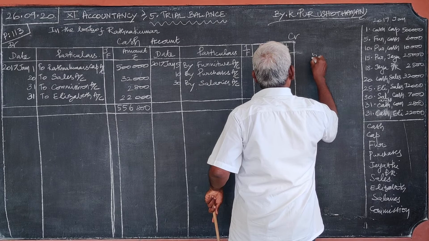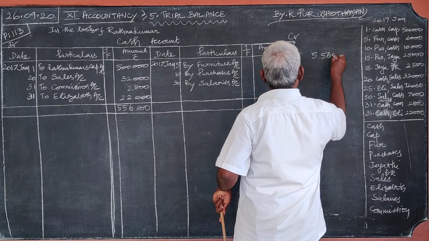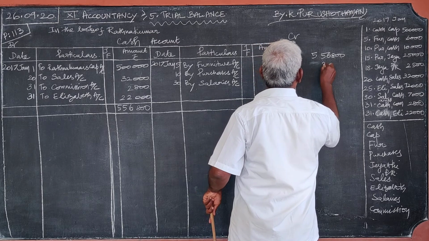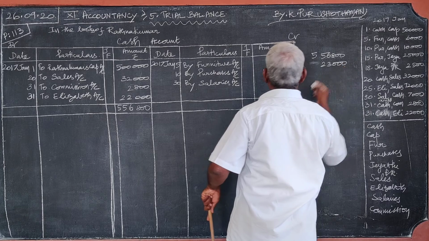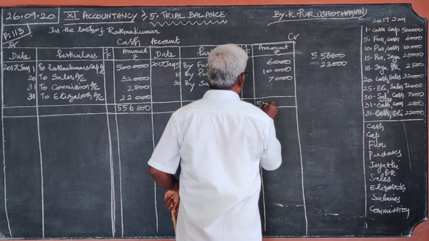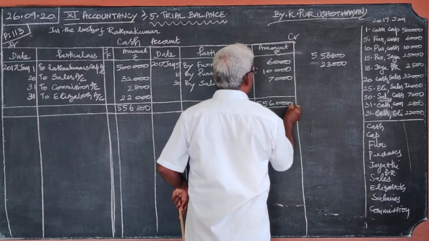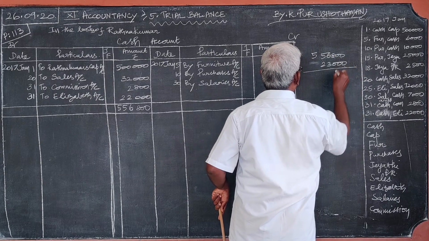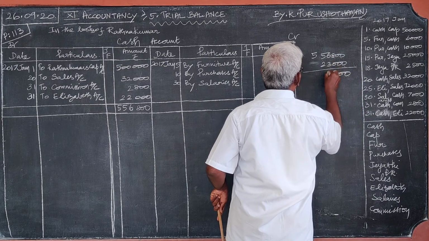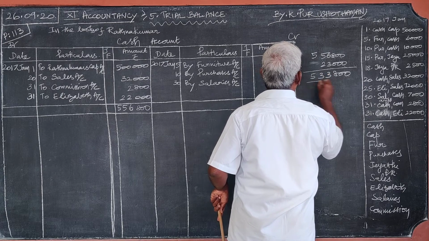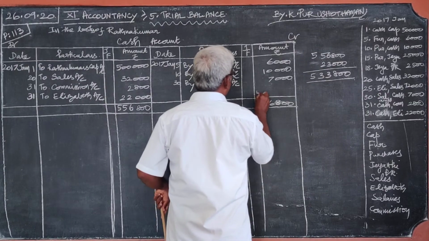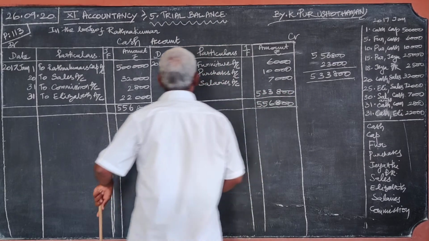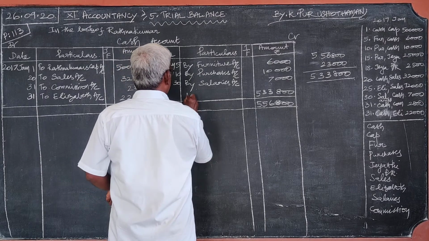So debit side total 5 lakhs 56,800. Credit side total 23,000 only. So you write the greater total on both sides, 5 lakhs 56,800, and the balancing figure, that is missing amount, 5 lakhs 33,800. This is the missing amount or else the balancing amount.